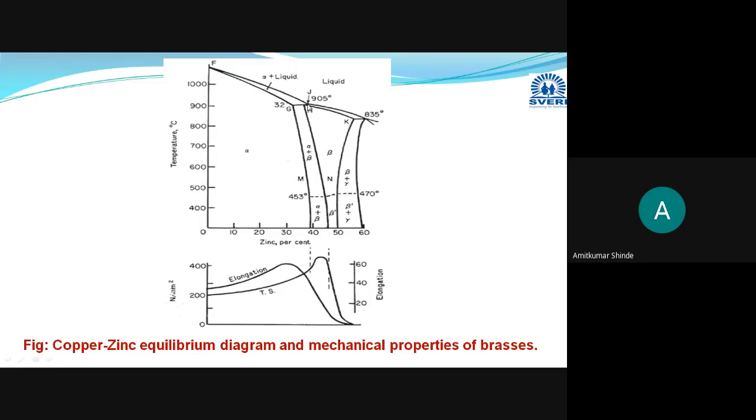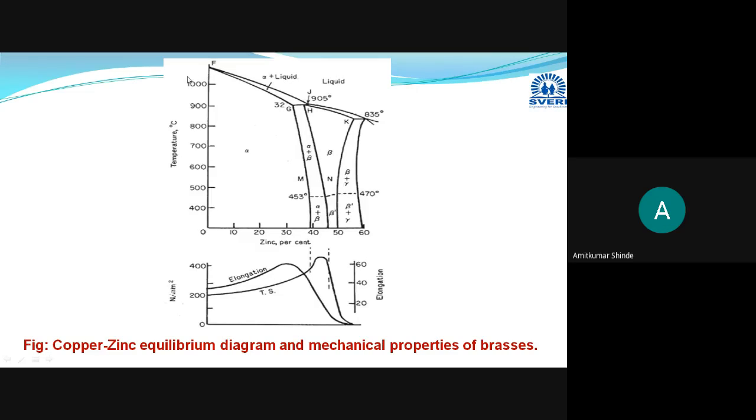Yes, sir. Above this it will be liquid. For this particular composition, if you take a vertical line from this, suppose it will come in this range of 40 to 50%. At this particular composition, above 905 degrees Celsius, that alloy will be in liquid state. This top line, I will explain it.